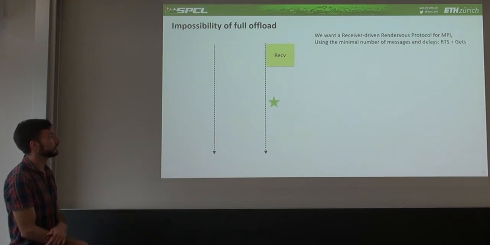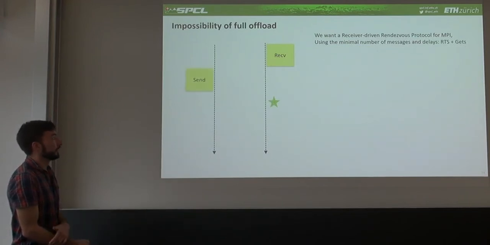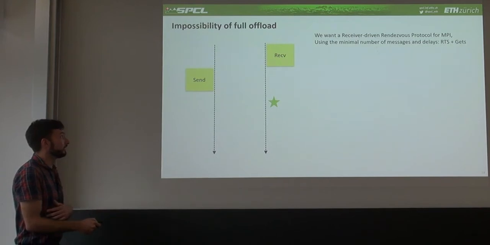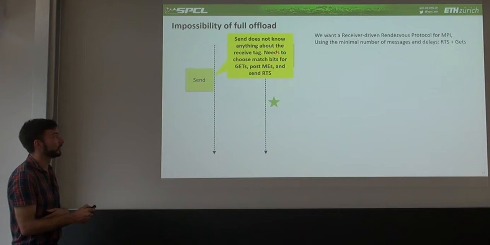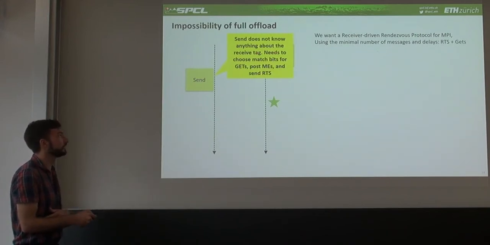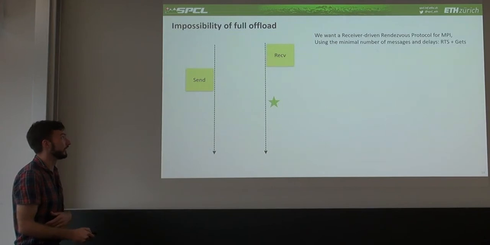So it would need to look something like that, but we cannot. In the send, it is similar. The send doesn't know anything about the receive at this point because they didn't communicate yet if the send goes first. And still we need to post the ME for the gets, and we need to send the ready to send message, of course.